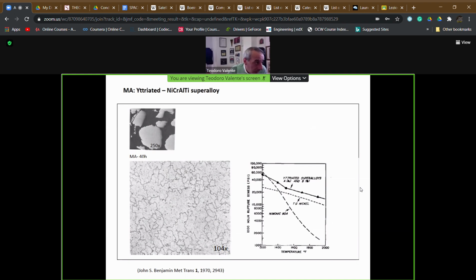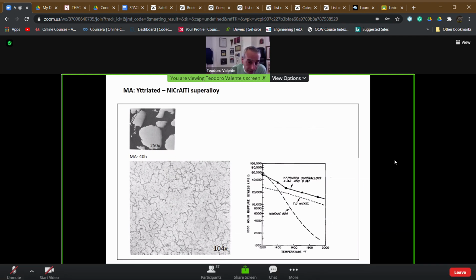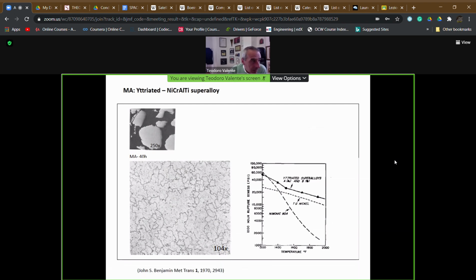And this is the reason we can expect a better behavior in terms of higher working temperature, but as we said last time, a lower overall resistance when we include the existence not only of dislocation-based creep, but also diffusion-based creep.